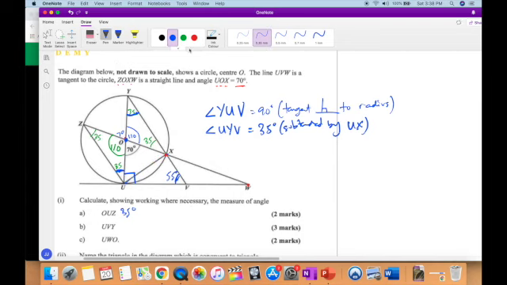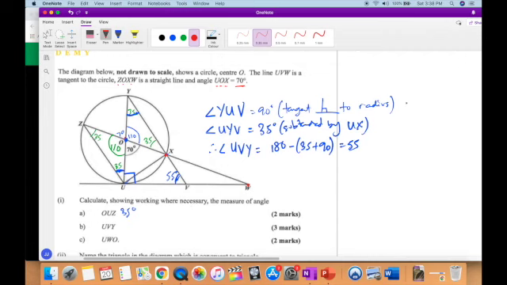Therefore, angle UVY is equal to 180 minus the 35 plus 90. That's what they were going for, and that's how I get 55.